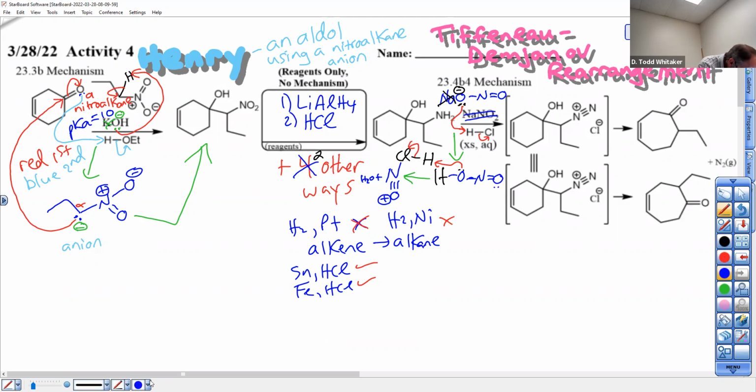Lone pair on O. We already wrote over there, blue second. Don't have to write it again. And triple bond. Had a double bond, now it's triple. And leaving group leaves. Baby blue. And that gets us to that N triple bond to O. N triple bond to O is the nitrosyl cation. And write it down here. Gets its own little box.